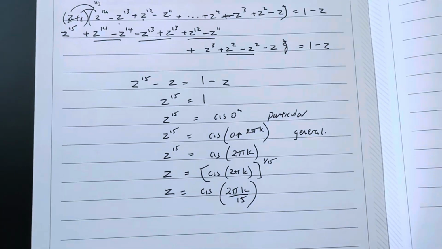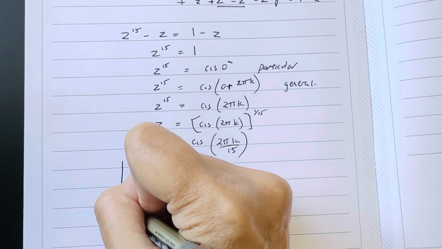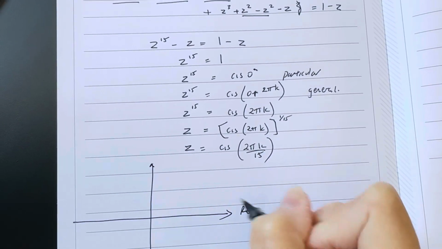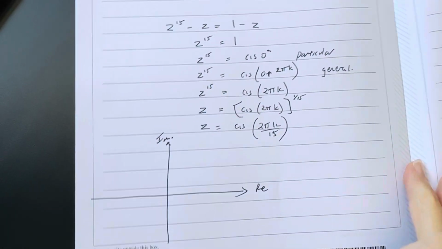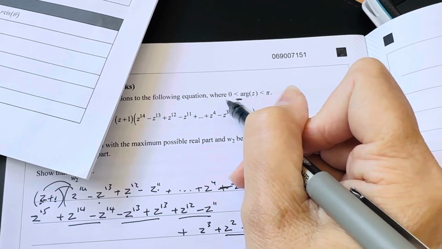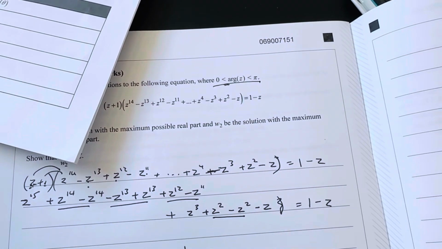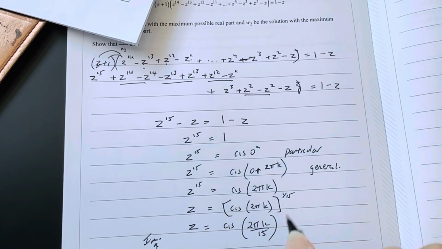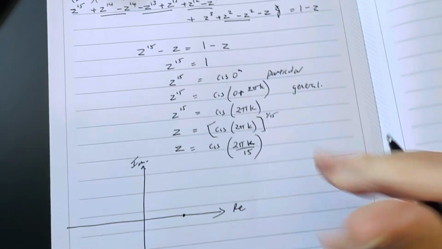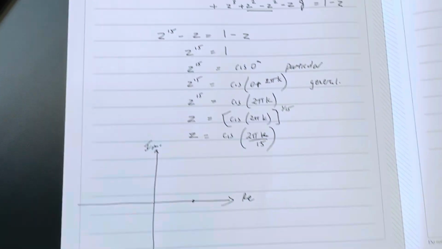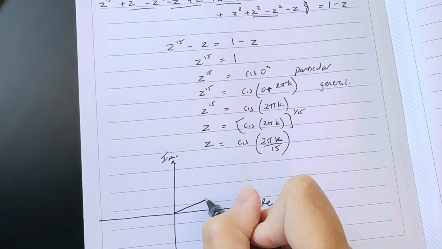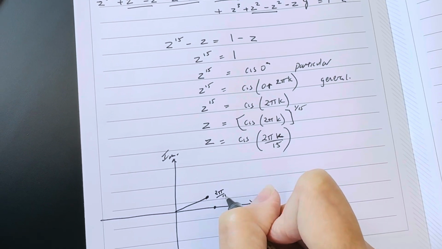Now, remembering with these roots of unity, this is my real, this is my imaginary. Now, my arg up here does not equal 0 and does not equal pi. Because we know our first solution with k equals 0 would be the 1, but that's not within our domain. So our first one out would be 2 pi on 15, wouldn't it?